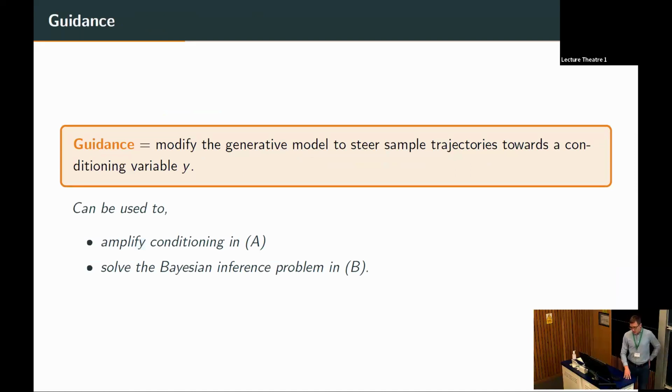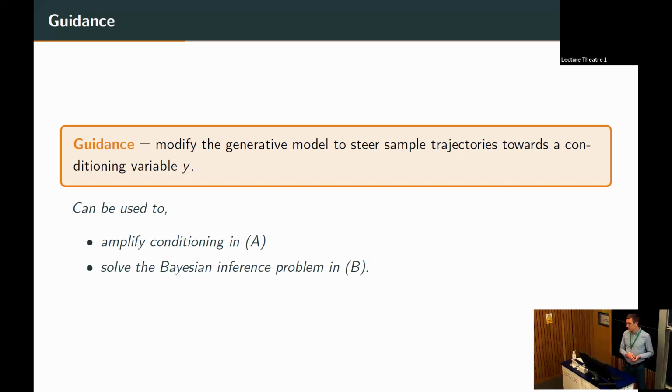The way we will approach these problems is using a technique that has been quite popular in this literature, which is referred to as guidance. Guidance essentially means that starting from such a diffusion-based generative model, we want to modify the drift in the SDE in some way, in order to steer the samples towards the conditioning variable.